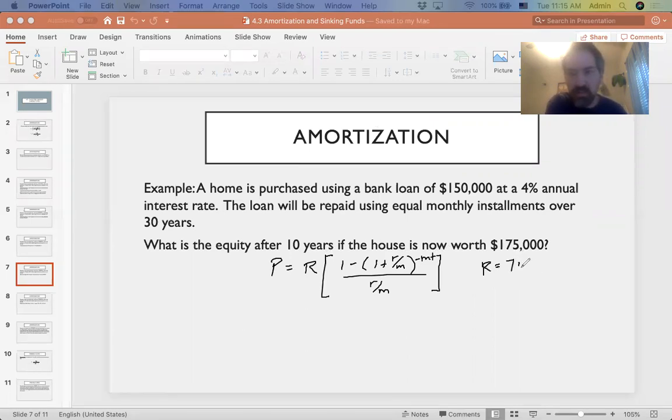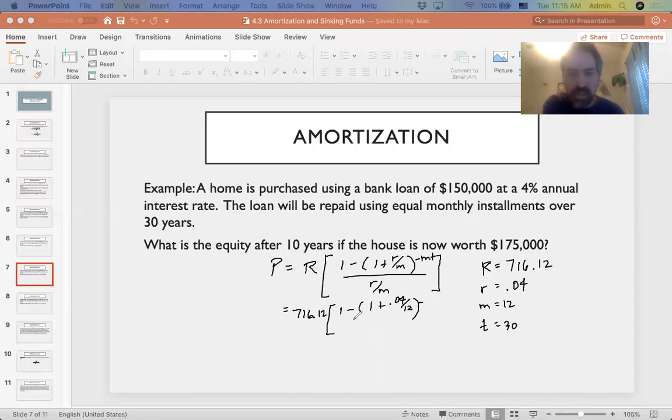We've already found that it is $716.12. The small r is the 4% interest rate, M is 12, and T is 30. So we'll plug this into the present value annuity formula. Let's get this put in, and then we'll talk about what this is telling us when we get our answer.